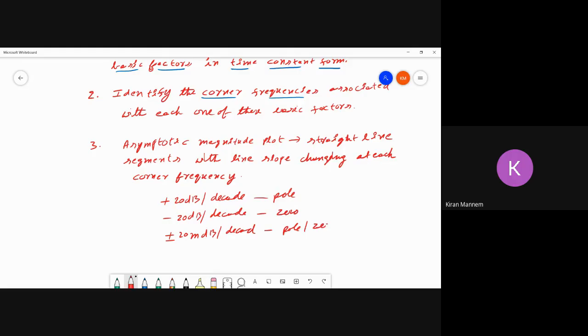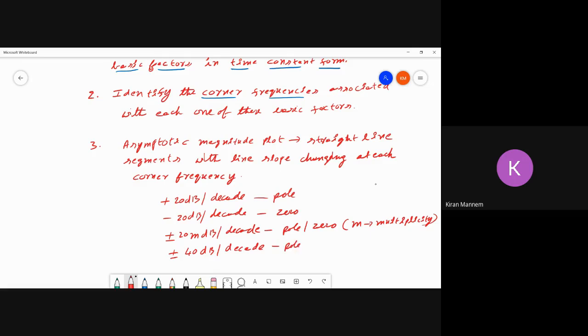Pole or zero, right? So with multiplicity factor m. I just change it to m. And then for complex conjugate zero or pole, that is the last one, it would be plus or minus 40 dB per decade.